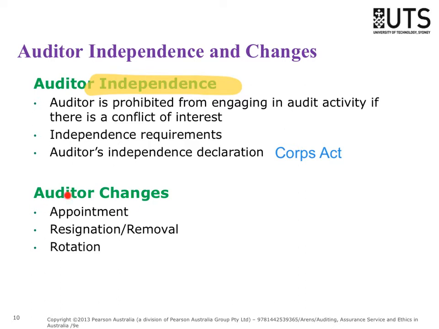So who appoints the auditors? The appointments are done by our shareholders. All right, so appointments are by shareholders at annual general meetings typically, or extraordinary annual general meetings, but they usually come from a recommendation by the audit committee.